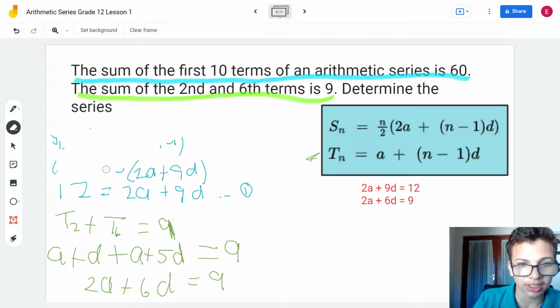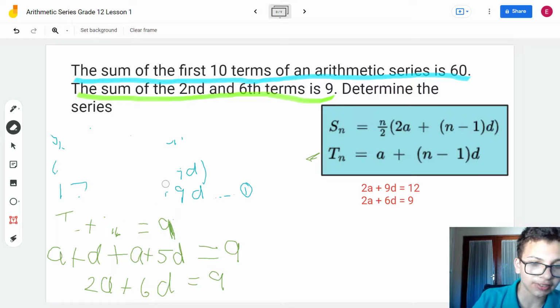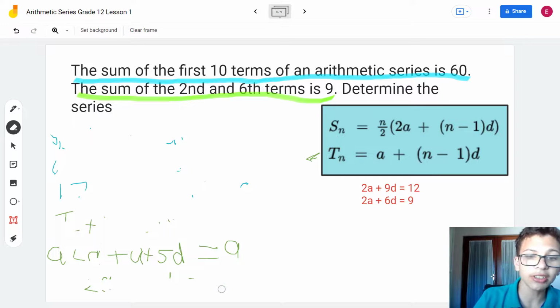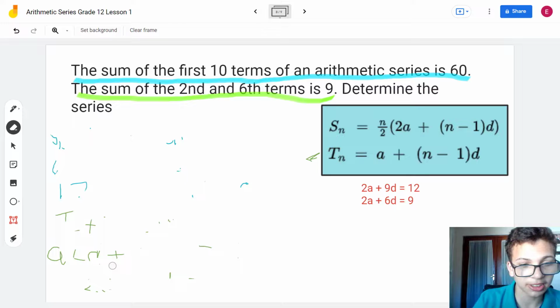Okay, so as you can see here, there's a 2a in the first equation and a 2a in the second equation, and we're going to use elimination in this question. Okay, so we can subtract the two equations from each other.